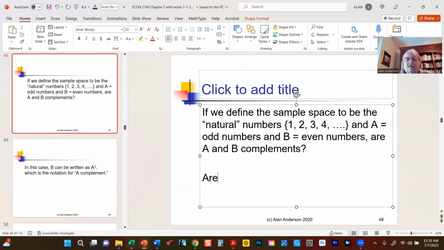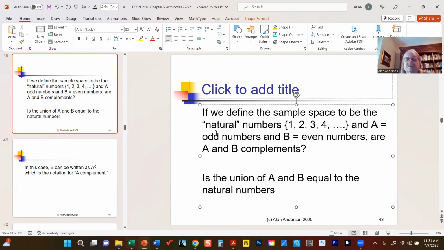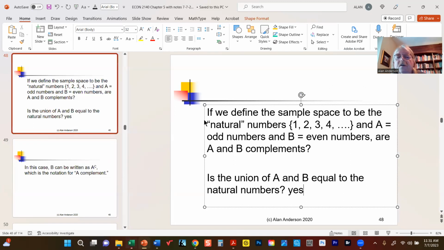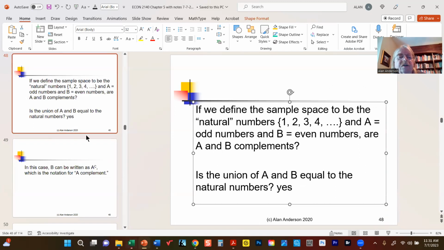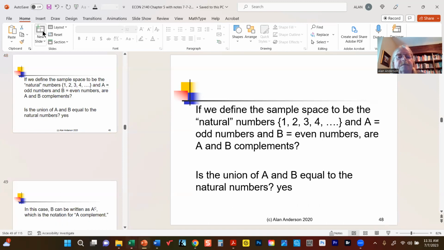Well, is the union of A and B equal to natural numbers? Yes. In other words, every single one of those numbers is either even or odd. We don't have anything else to choose from. And secondly, do they overlap? Or, well, I guess what we should say is, are they mutually exclusive?